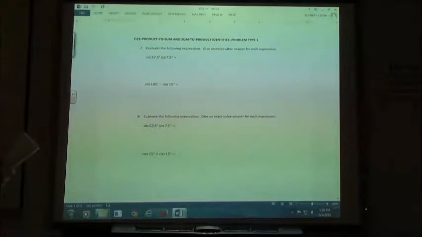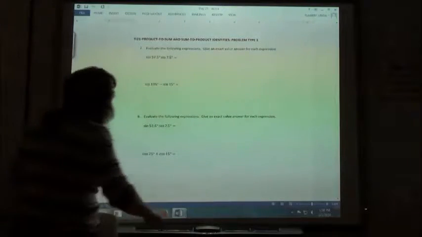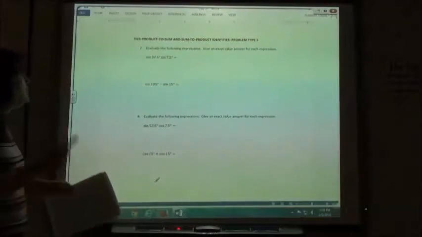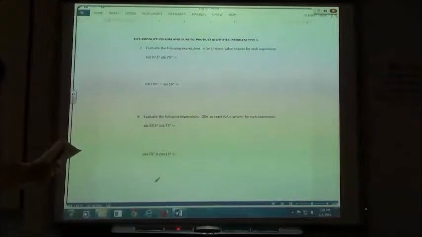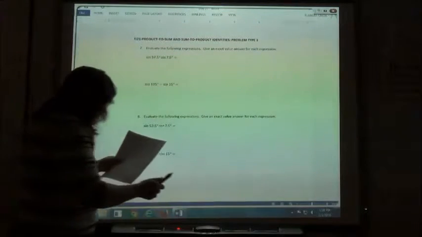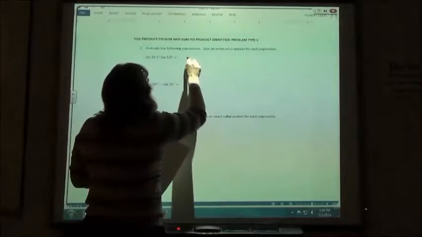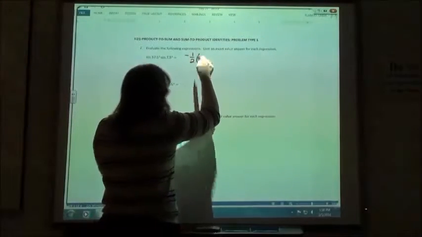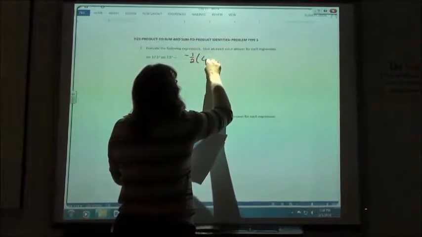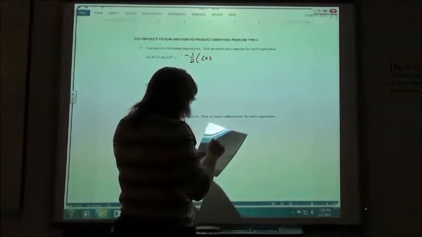We're going to do the sine of 37.5 times the sine of 7.5. So I'm doing the sine times the sine. If I look at my formula, it is negative 1/2, and then I'm going to have the cosine of a plus b.